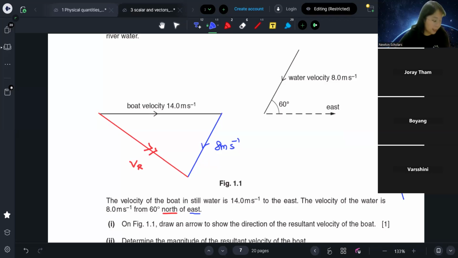Are you able to get the answer? Using the cosine rule. Yes. Vashini, Junho, Boyang. Yes, okay, good job.